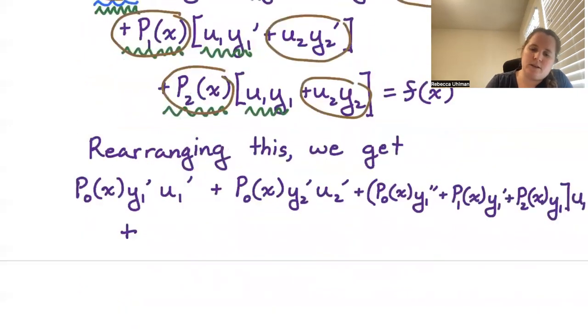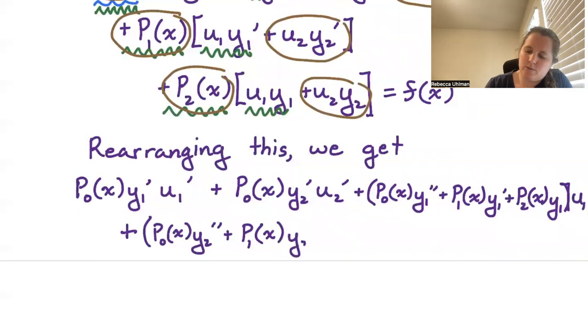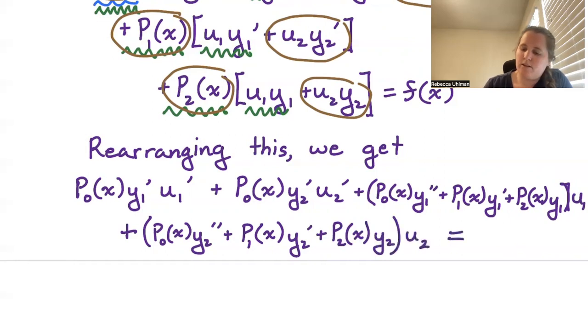Putting those together, this becomes P0 of x times y2 double prime plus P1 of x times y2 prime plus P2 of x times y2, all of that times u2. And this is equal to f of x.